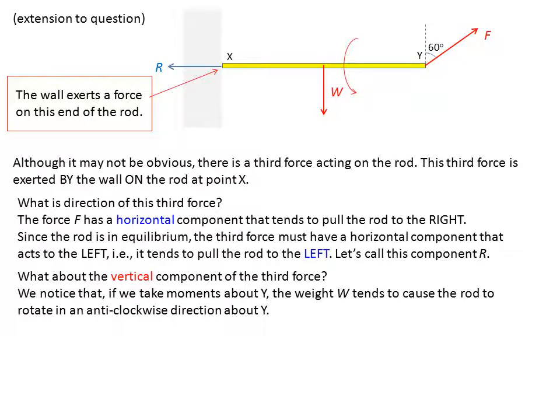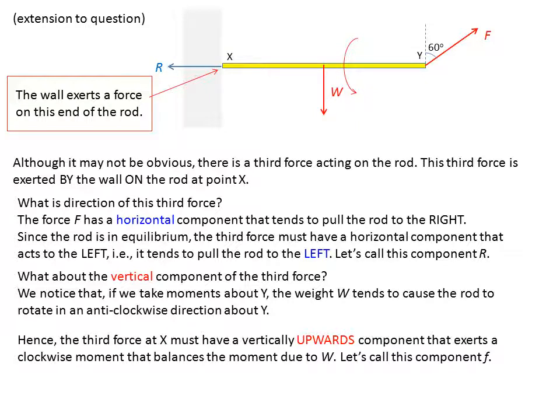It should be quite obvious. Okay, but we notice that the rod is not rotating, right? So since the rod is not rotating, there must be a clockwise turning effect that balances this anti-clockwise turning effect, and the only force that we have not considered is the force at X, the vertical component. So the vertical component at X must be pointing upwards. Okay, so the remaining vertical component at point X must point upwards.